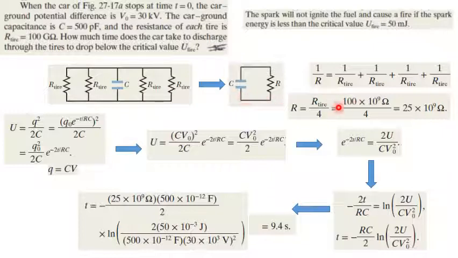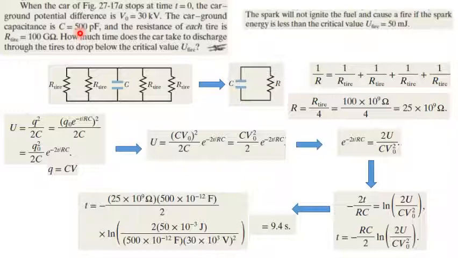So 100 giga means 10 to the power 9 over 4, so it means 25 giga ohms. Now we have R, and already we have C, 500 picofarad.